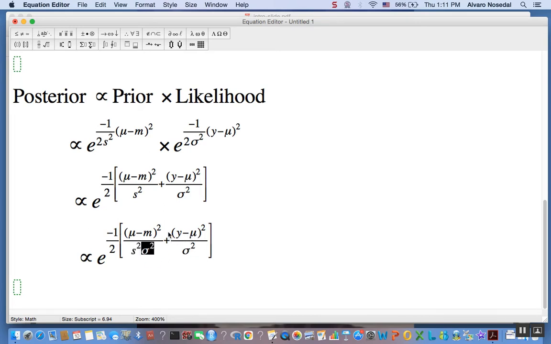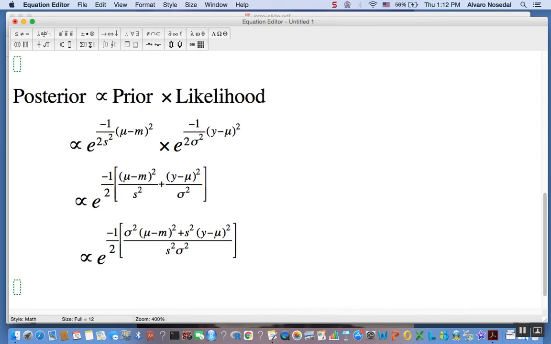right? Now if you do the math here, if you use that as the common denominator, you will have a sigma squared here multiplying the first term plus, and then you would have an s squared multiplying that second term. Okay, so these two expressions are equivalent.